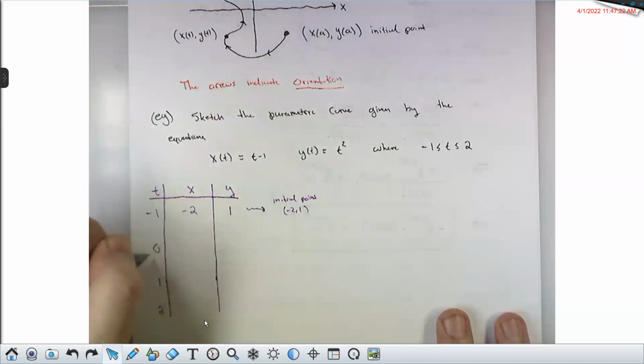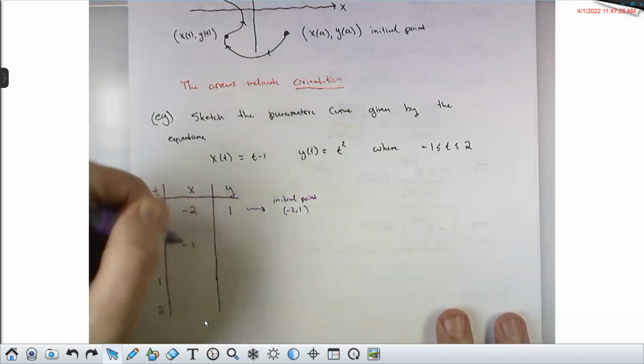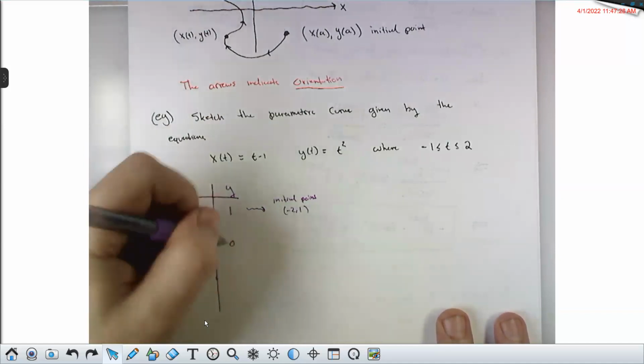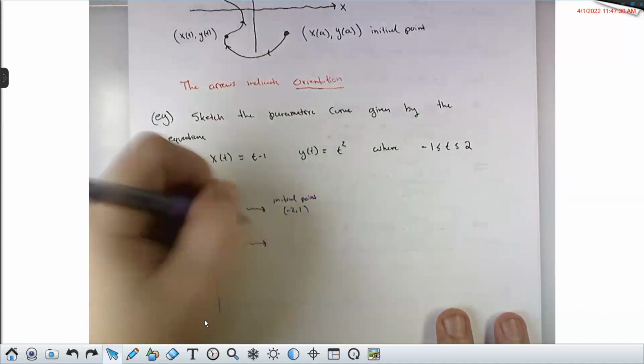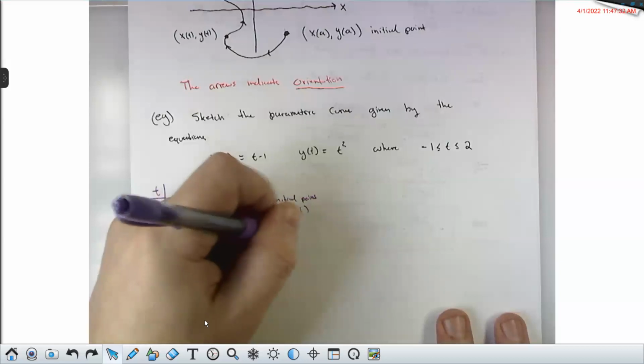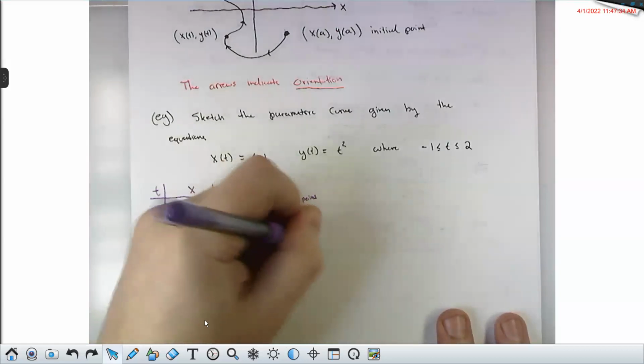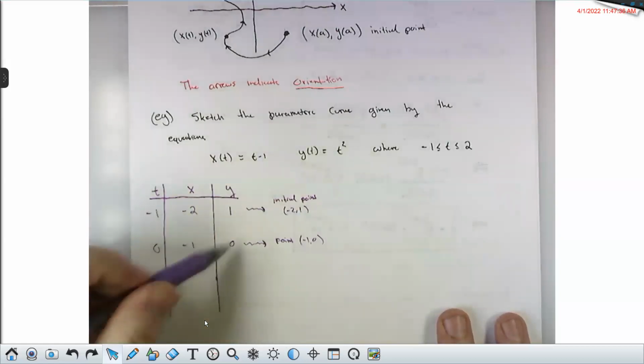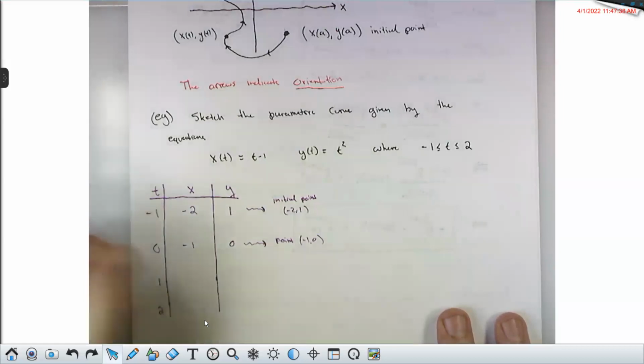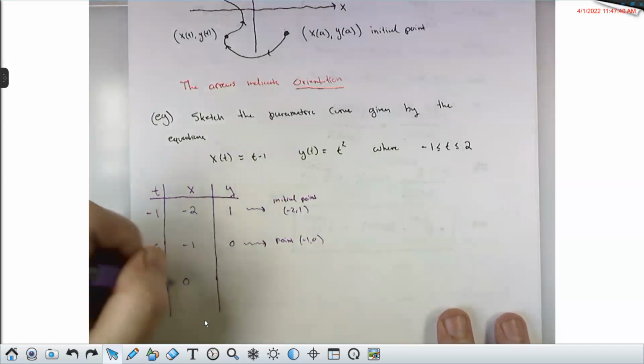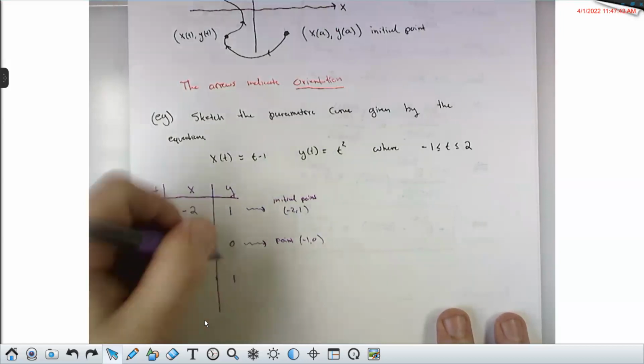When T is equal to 0, X of T is 0 minus 1 is -1, and Y of T is 0 squared, which is 0. So this means another point on the graph is -1, 0, right? X is -1, Y is 0. That's a point. When T is equal to 1, X is 0, and Y is equal to 1 squared, which is 1.